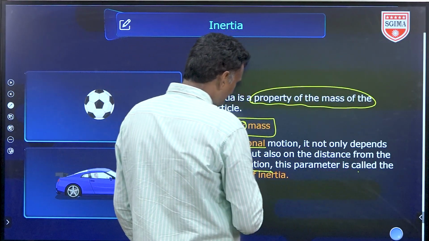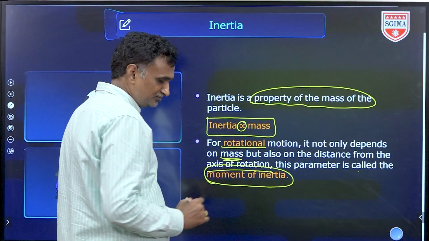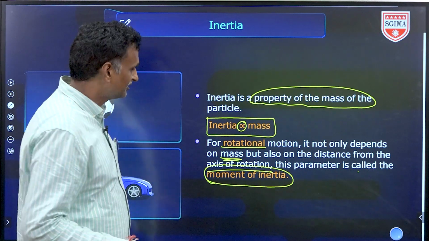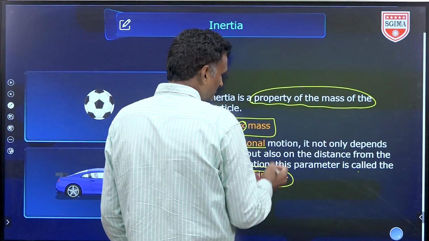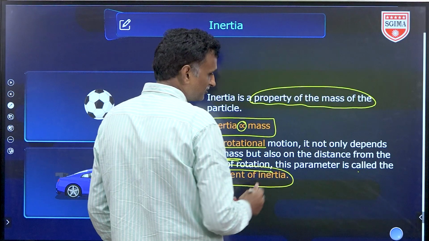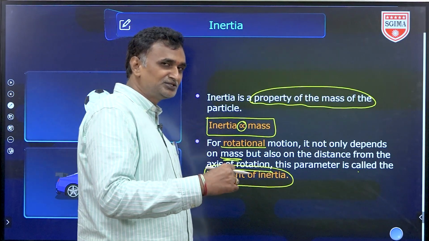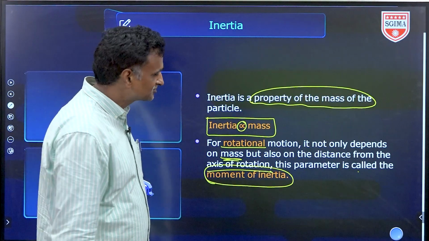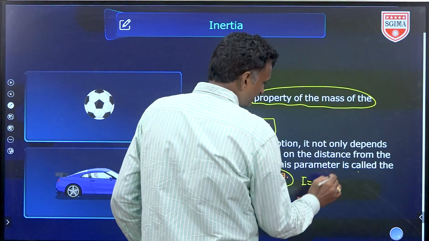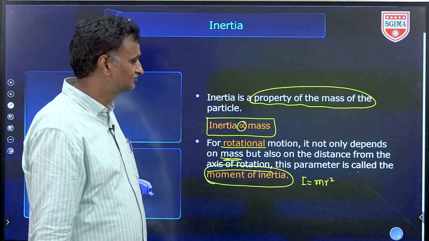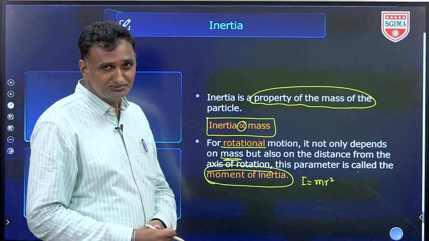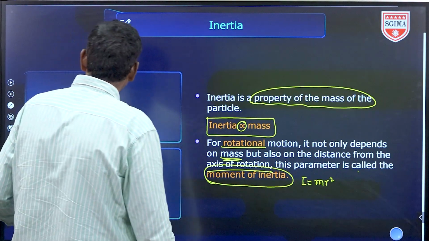This is called moment of inertia, and its basic formula is I = mr². But you will learn more about moment of inertia in the coming lesson on rotational motion. Let us move on to the next slide.